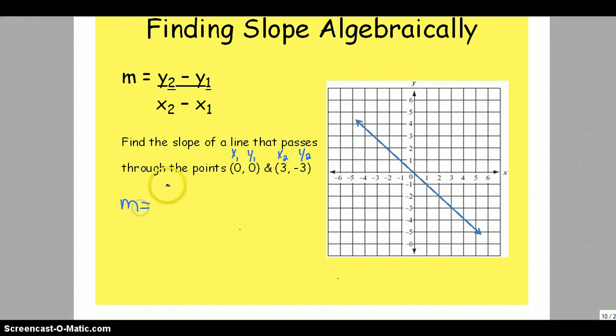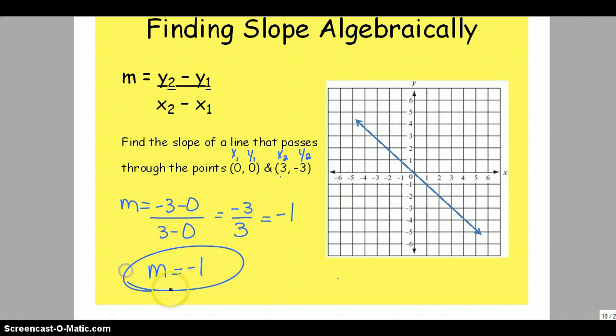So now I have slope is equal to negative 3 minus 0 over positive 3 minus 0. So that gives me negative 3 over 3. Oh, I can simplify that down to negative 1. So I've calculated my slope to be negative 1. Now I'm going to look at this. Oh, this slope is negative also. It's similar to that of a no smoking or do not enter sign.